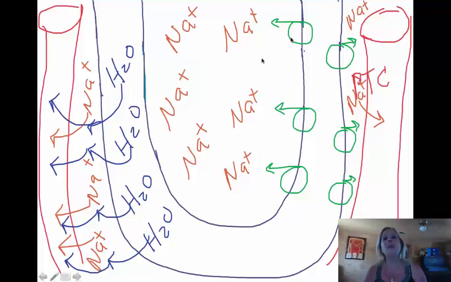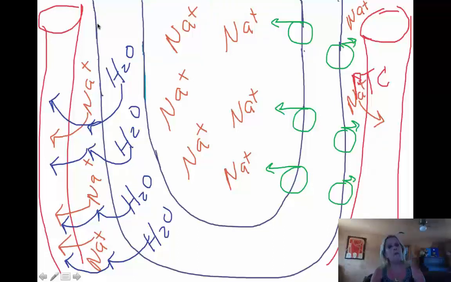So again, you have sodium being actively transported out of the ascending limb, building up in the interstitial space, and then eventually just simply diffusing into the peritubular capillaries. Water from the descending limb follows just simply by osmosis.